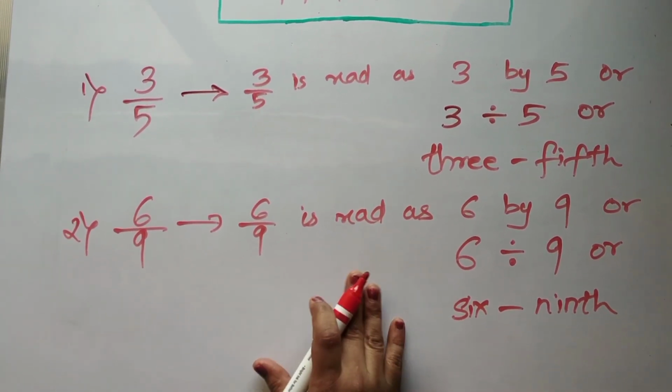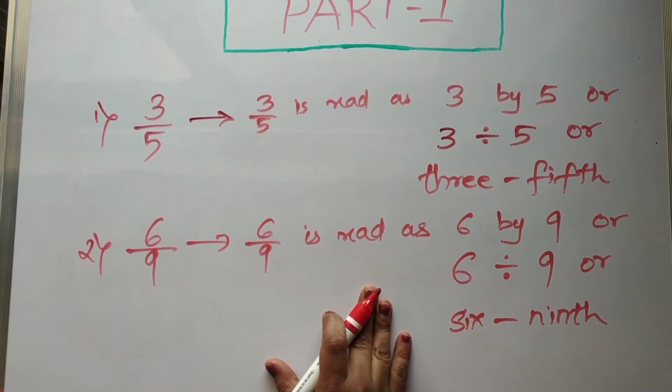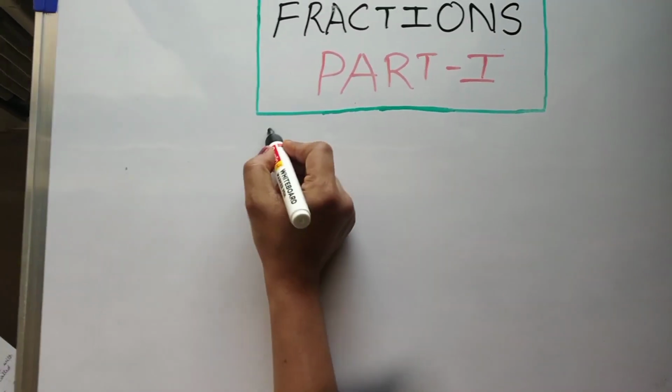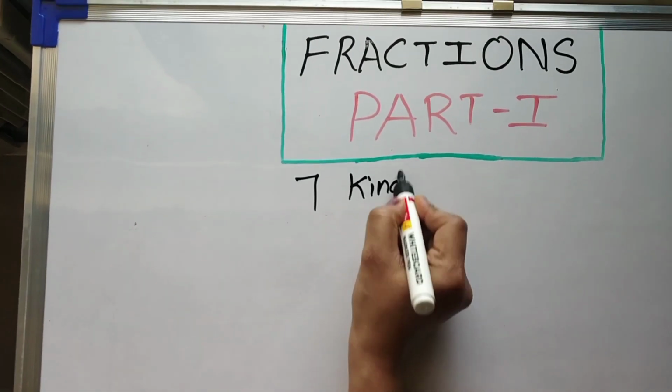After the basic concept of fraction comes the types and the kinds of fraction. There are total 7 kinds of fraction.